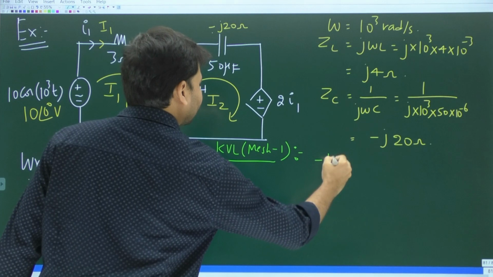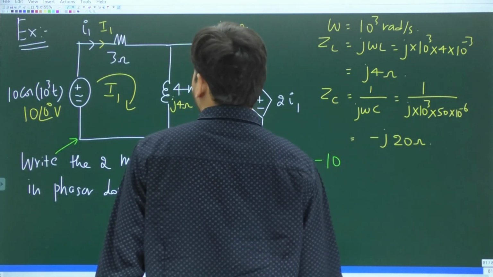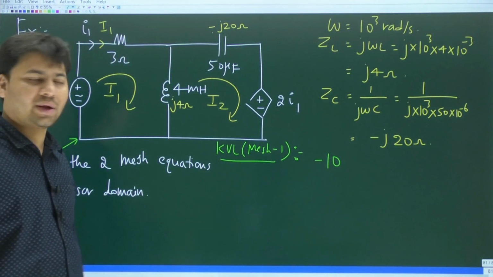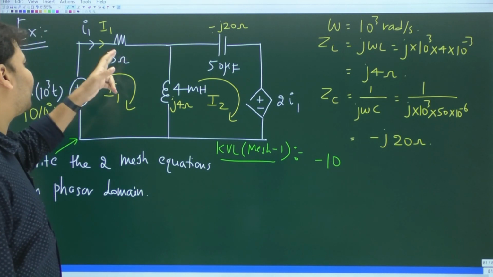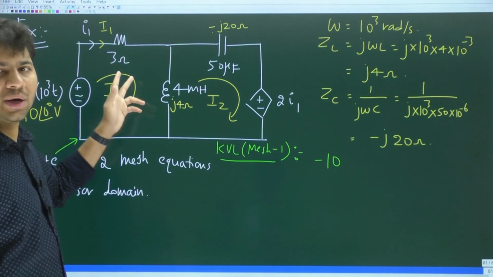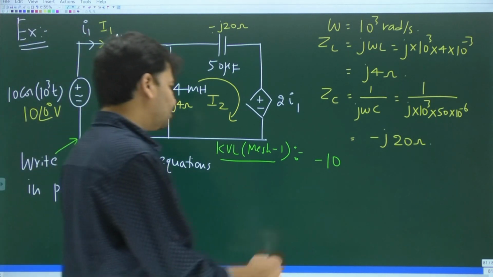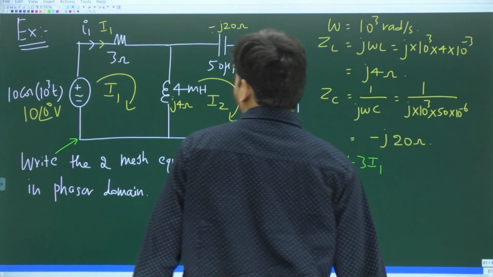So first you write minus and then the value of the voltage source, which is simply 10. 10 angle 0 degrees is just 10. So first term is minus 10. The next element is the 3 ohm resistance, through which the current is I1. So minus 10 plus 3 times I1.